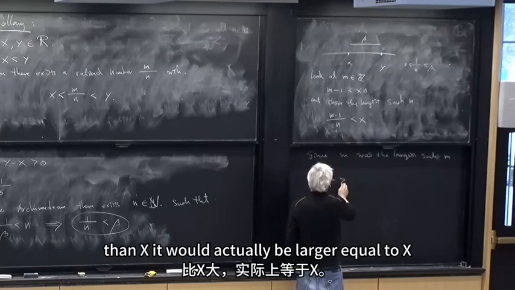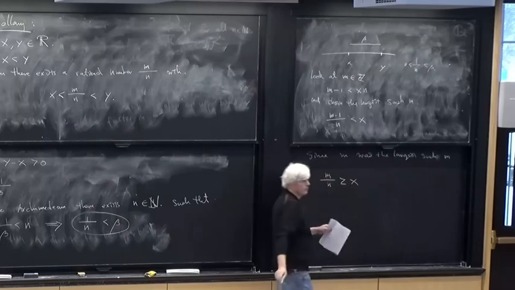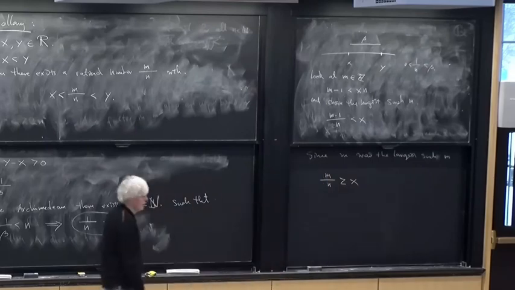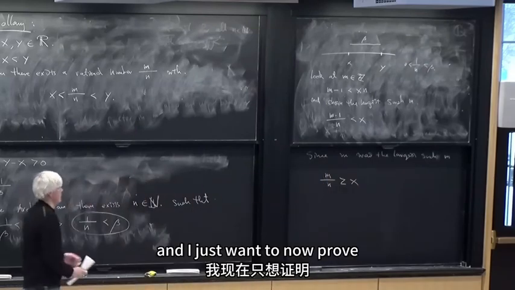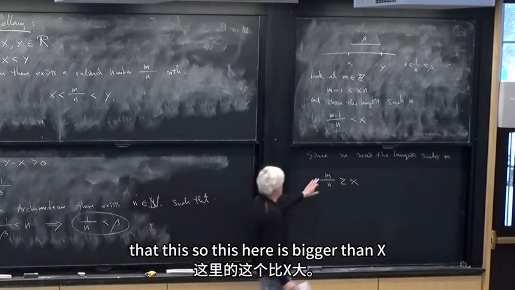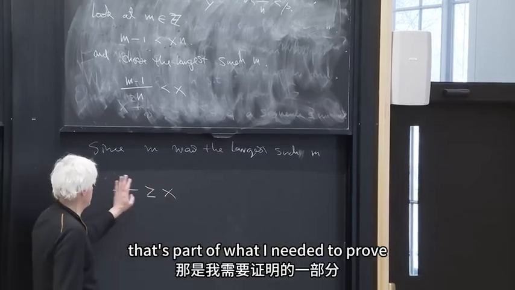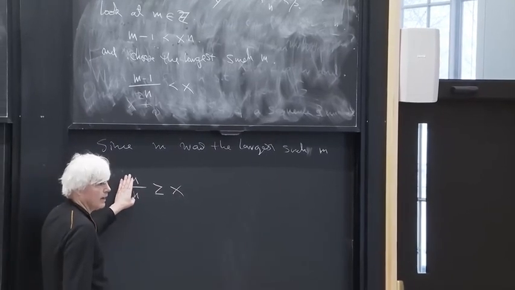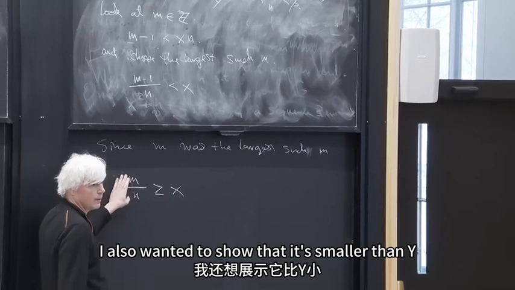It would actually be larger or equal to x. Right? And I just want to now prove that this here is bigger than x. That's part of what I needed to prove. I also wanted to show that it's smaller than y.